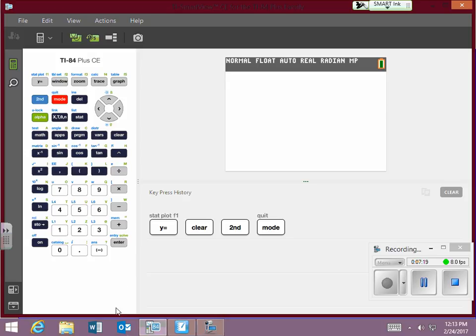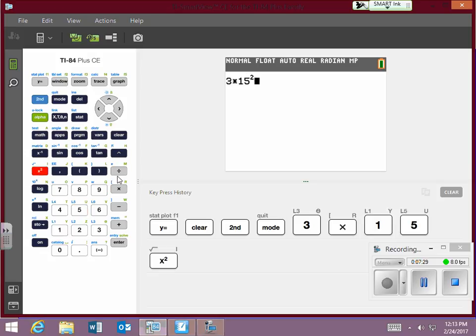So it's 3 times 15 squared divided by 2 times the square root of 3.